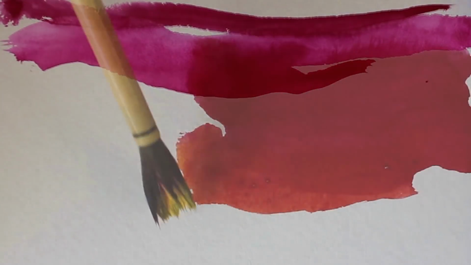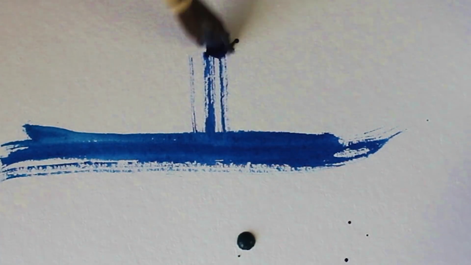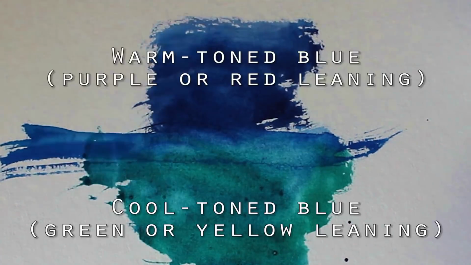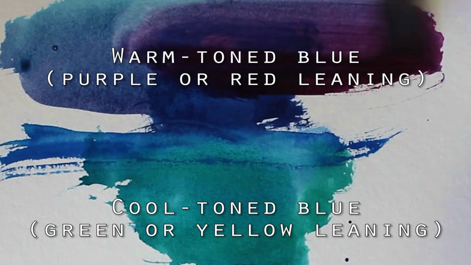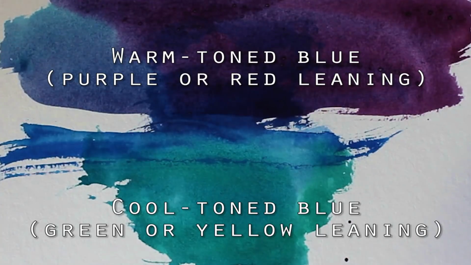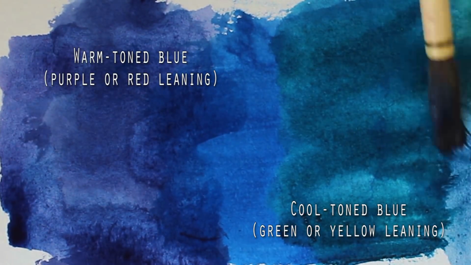So purple, blue, and green all reside in the cool tone family, and red, orange, and yellow reside in the warm tone family. You'll also hear things like a warm toned blue, or cool tone gray or warm tone gray. It gets a little more complicated the more neutral you go. And those undertones are something that we'll talk about in a second.